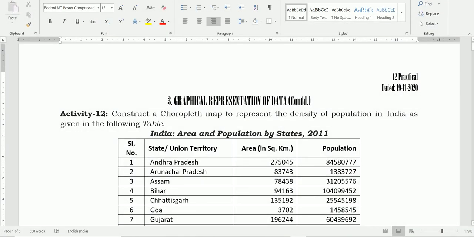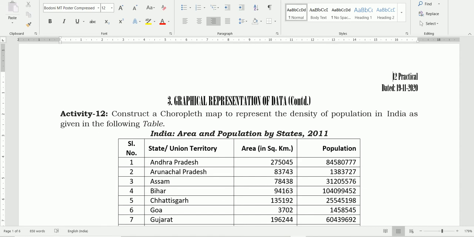Don't forget, we have been learning Chapter 3, Graphical Representation of Data. This is the sixth session. About the meaning of Choropleth map, yesterday we learned about it. Choropleth maps are drawn to depict the data characteristics related to administrative units only.